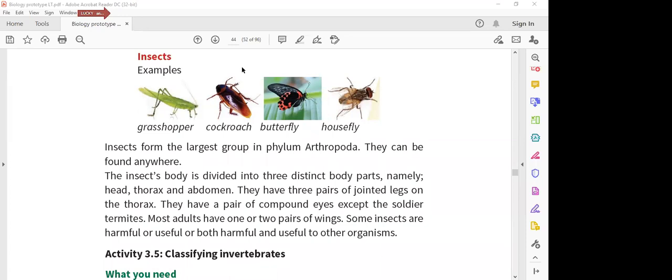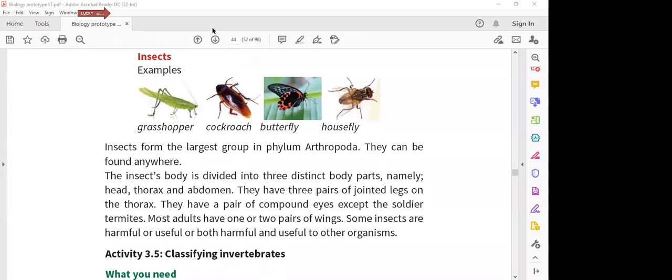Insects form the largest group in Phylum Arthropoda. They can be found anywhere. The insect's body is divided into three distinct body parts, namely head, thorax, and abdomen. They have 3 pairs of jointed legs on the thorax.